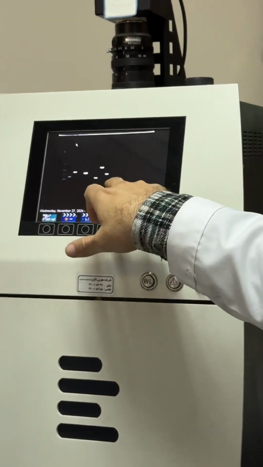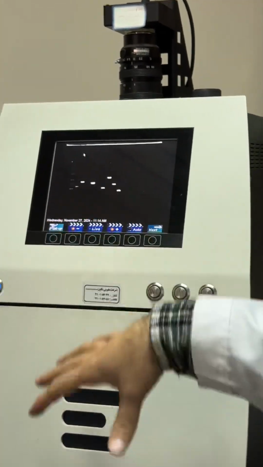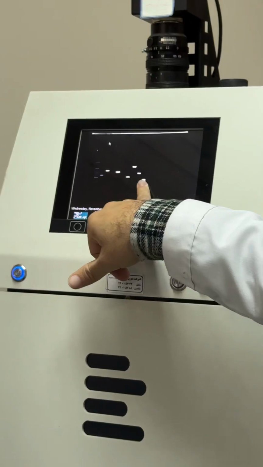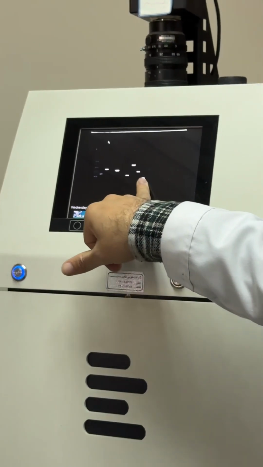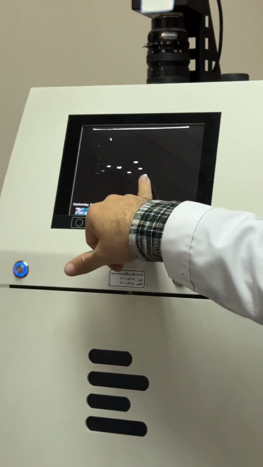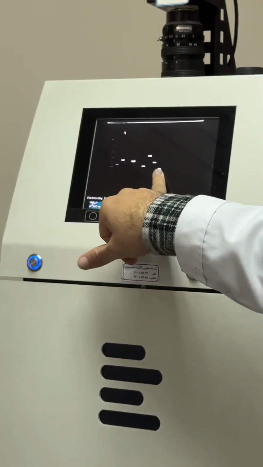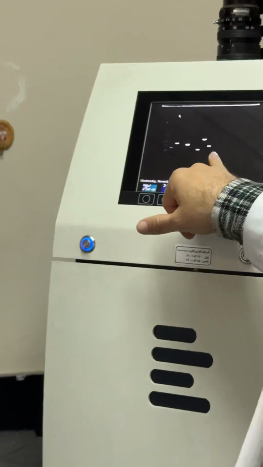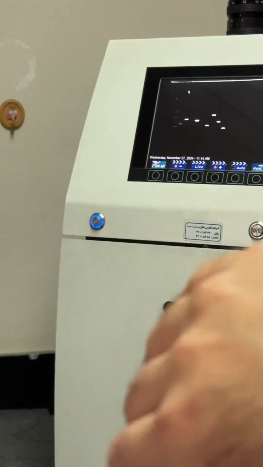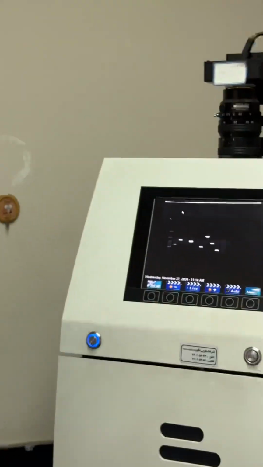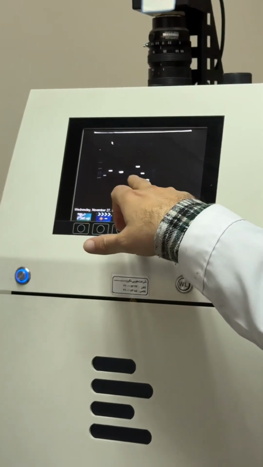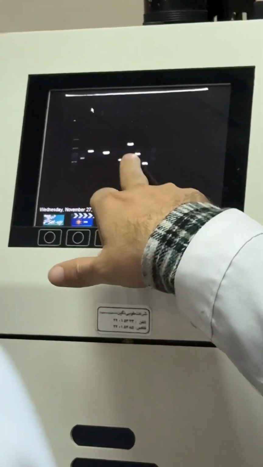So for example, in your final exam, if I ask you, what is this? What does this band mean?